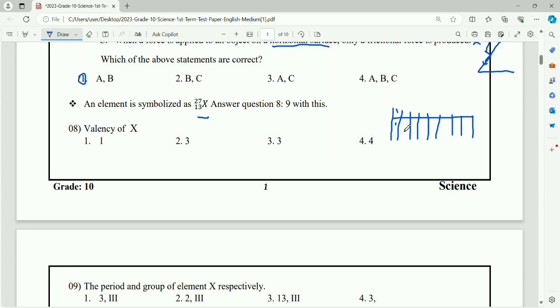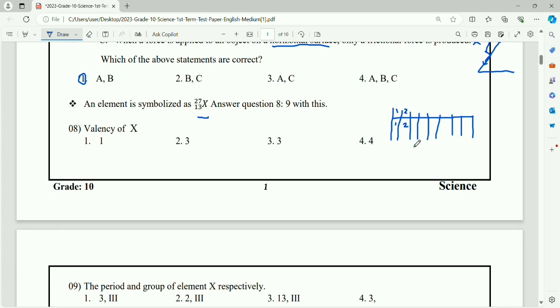If it is a group 2 element, it has 2 electrons in the last orbit, so it is organized in group 2. So it will lose these 2 electrons and get the strong electronic configuration, so the valence is 2.